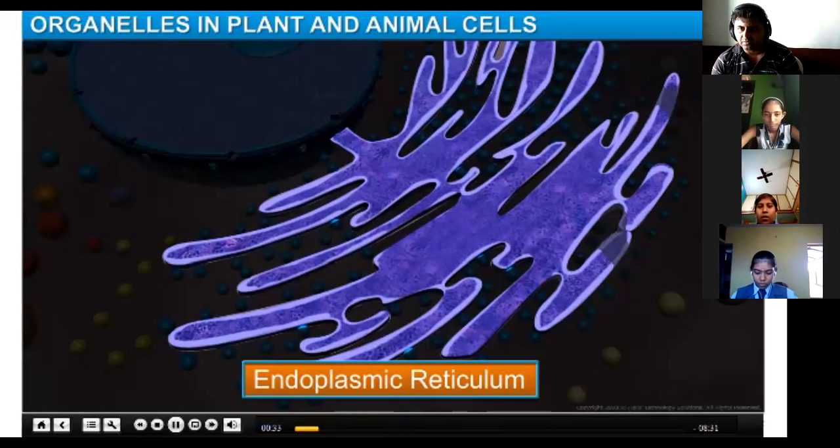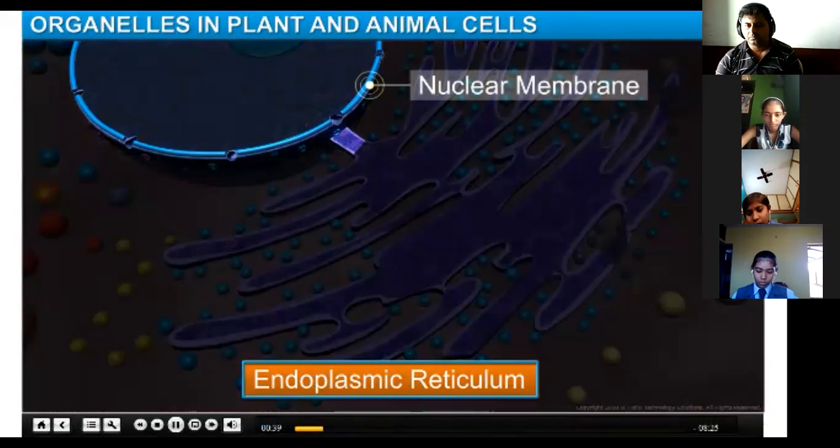Endoplasmic reticulum helps to synthesize protein. Next, it is an irregular network of double tubular membrane, continuous with the nuclear membrane on the inside.